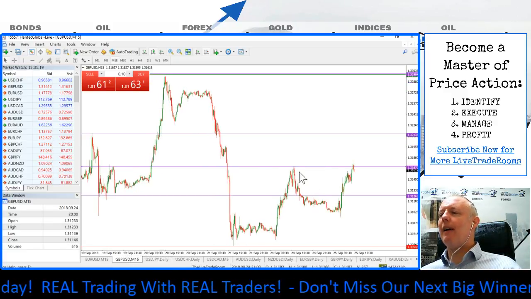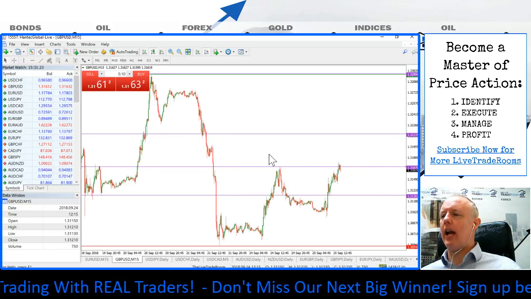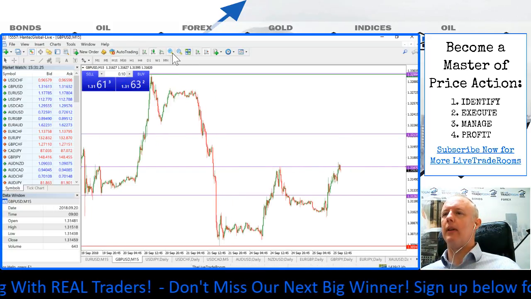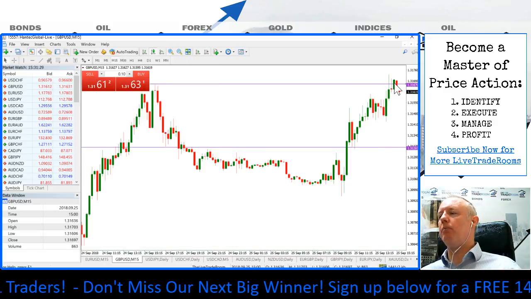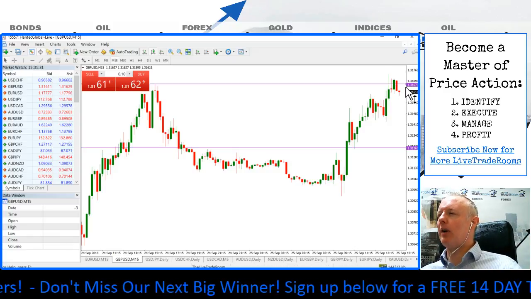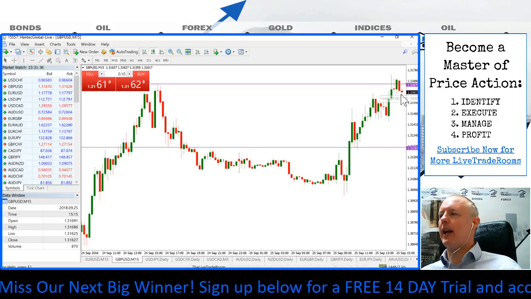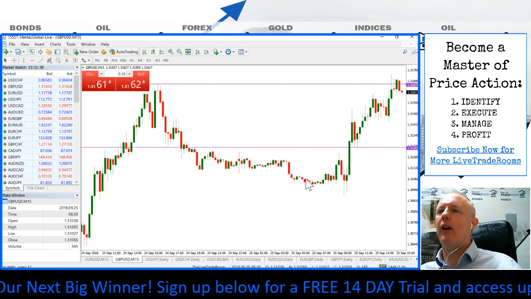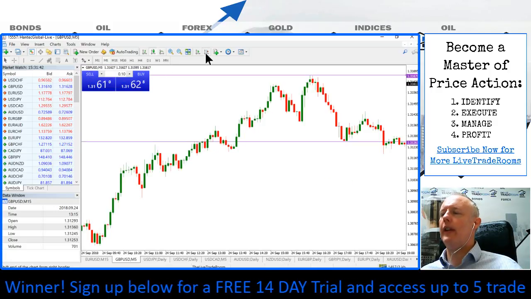Because here what we have is potentially a structural failure to the upside, but actually more of a kind of a double top as things stand. We've had one break above or a close below the 31.67, and we've had already a fairly quick and swift rejection of that level on a 15-minute time frame.